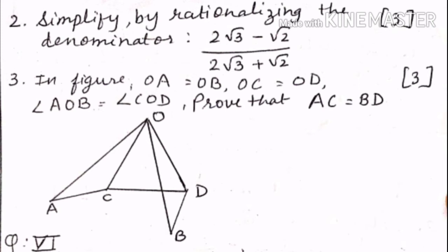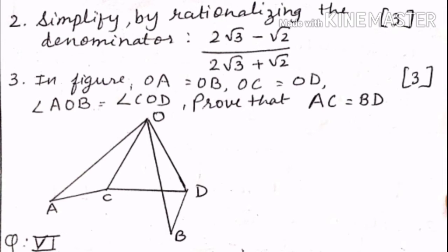So in the prove that manner you have to first write the given part. Before the prove that word you have to write the given part. To prove means what you want to prove, AC is equal to BD, and then in the proof part you have to draw the figure compulsorily and write the proper steps accordingly. Unnecessary things are not needed here, only the proper things required for the proof you have to write down.